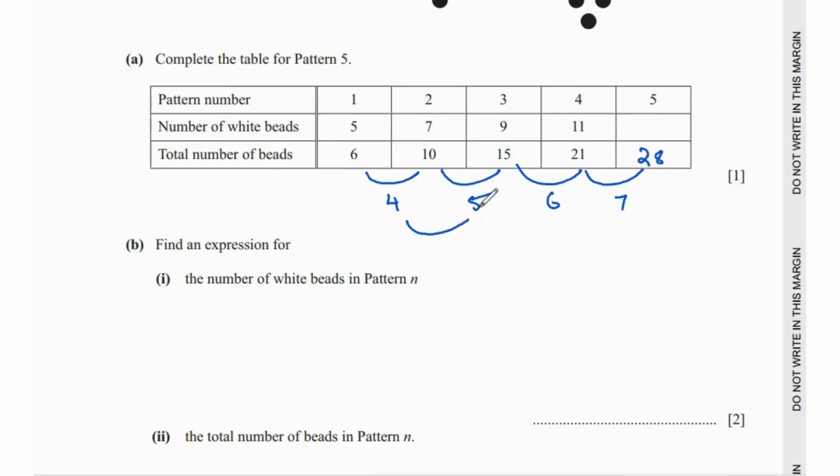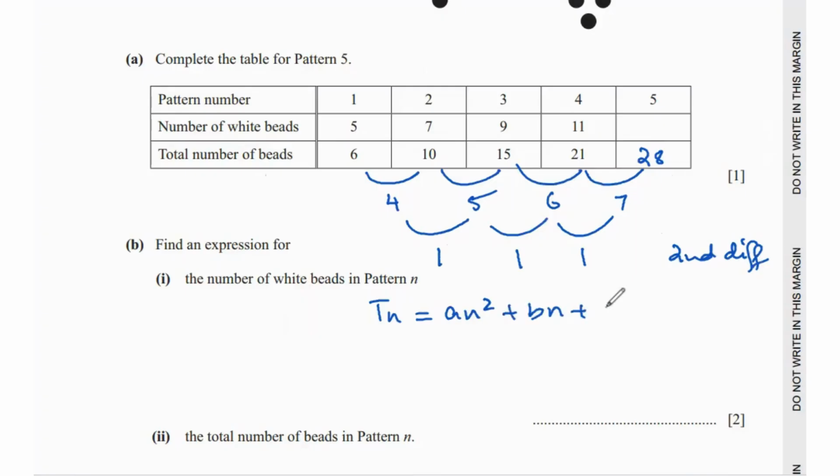And we subtract these terms, 5 minus 4 is 1, 6 minus 5 is 1, and 7 minus 6 is also 1, which means the second difference is common. So that means it's a quadratic sequence. Only in the quadratic sequence, the second difference is common. So one way of doing this is that you need to know about certain equations for this.